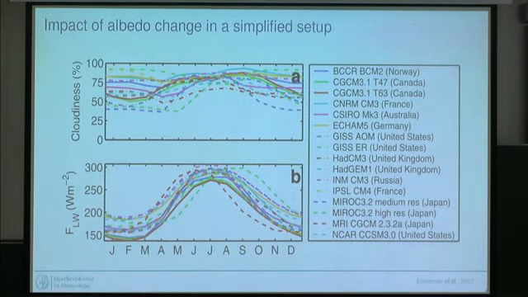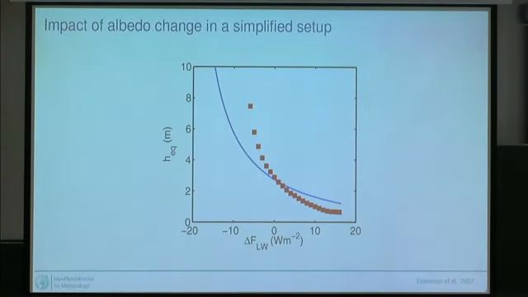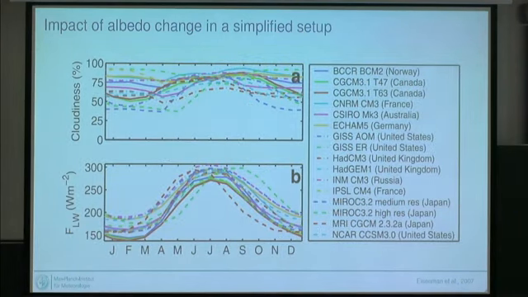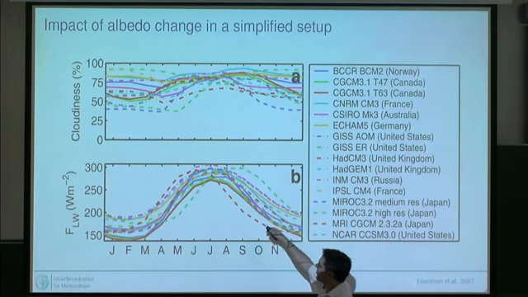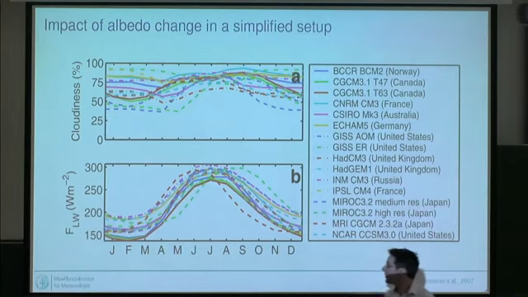And it has been suggested that those changes in the albedo are key to what we get in terms of sea ice in the climate model. Ian Eisenman published a study in 2007 where they examined how different the incoming long wave radiation fluxes were in climate models.